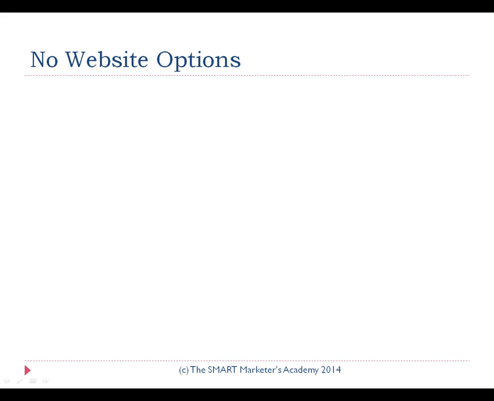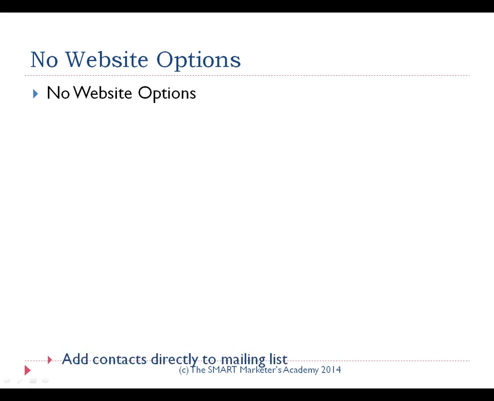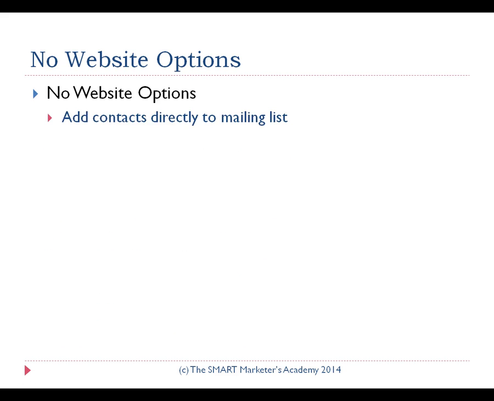Now, if you haven't got a website, you can still have a mailing list. It doesn't stop you from having a mailing list. You can still get started, so there's no reason why you ought not to get started. You can add contacts directly to your list.